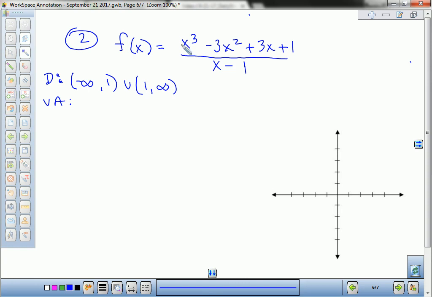You just plug in the 1, and 1 minus 3 plus 1 is not equal to 0, so is it a factor? No. Since it's not a factor, we can say it is a vertical asymptote. If it was x plus 1 on the bottom, would you plug in a -1? Yes, you would. Okay, so we do have a vertical asymptote.